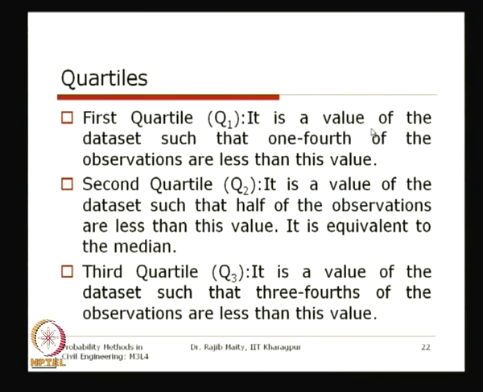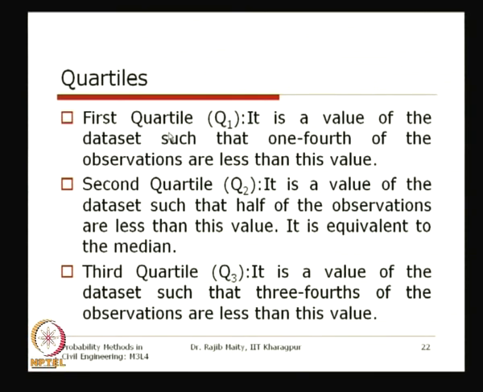It is the value of the data set such that 1/4 of the observations are less than this particular value. So this is the first fourth. When we take a data set and arrange it in increasing order, it is that particular point at which 1/4 of the observations are less than that value.